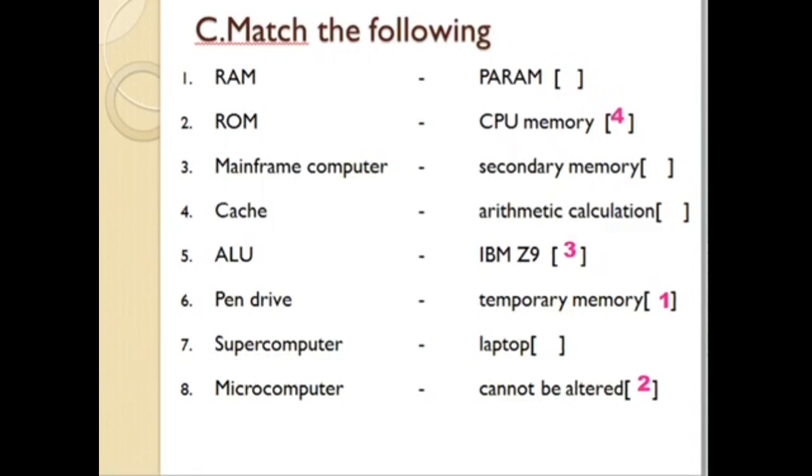Yes, it will do arithmetic calculations. Pen drive: now only I showed, pen drive is a secondary memory. The next one is supercomputer. Param is an example of supercomputer. The last one, microcomputer. Laptop is an example of microcomputer. Note it down, children.